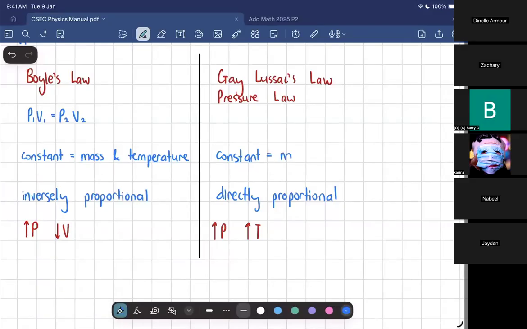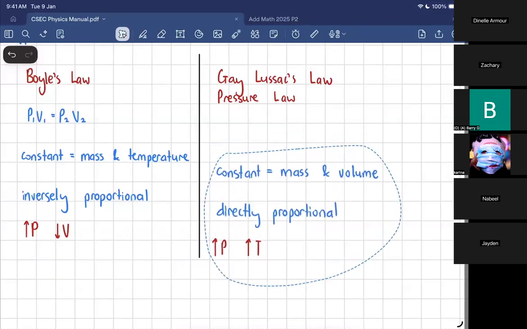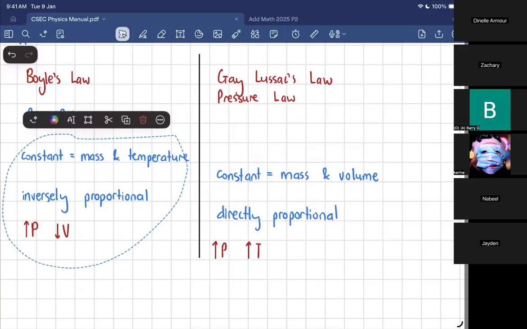Right, mass and volume. You okay? Yes, sir. Now we need to write the formula for that. So it's going to be P1 over T1 is equal to P2 over T2. Great.